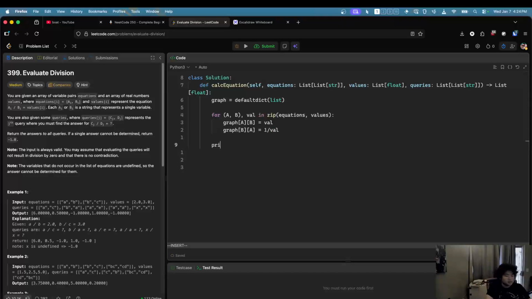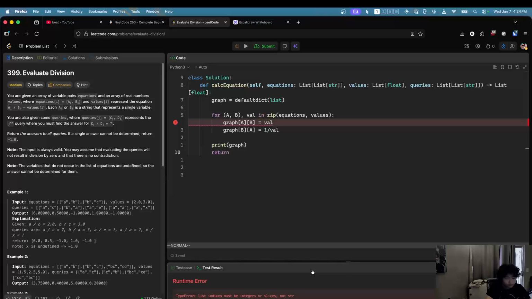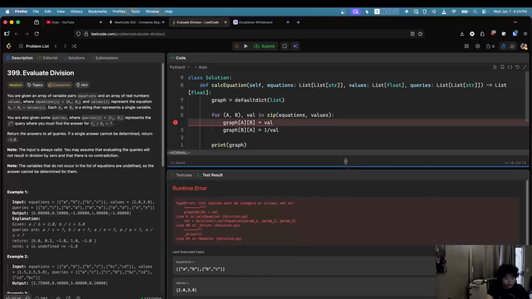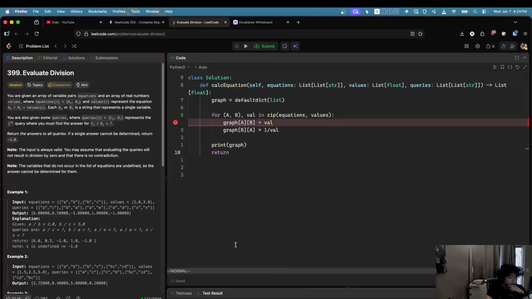So let's see this. Print graph return. Bro, what is wrong with my keyboard? Wait, shouldn't I have like dot appended? Yeah, hold on. Dot append.